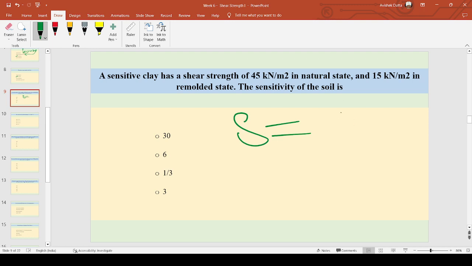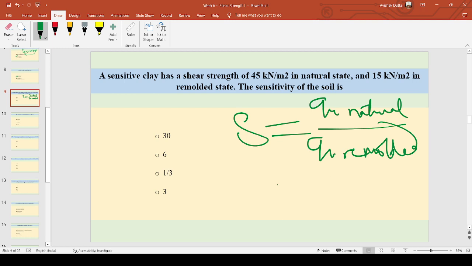the formula is the unconfined compressive strength Cu undisturbed, that is in natural state, divided by Cu remolded.